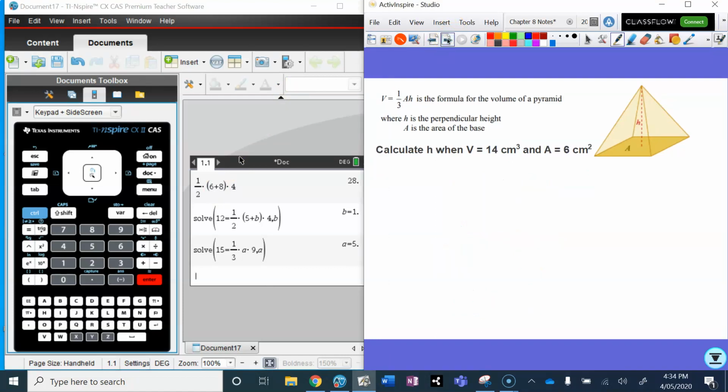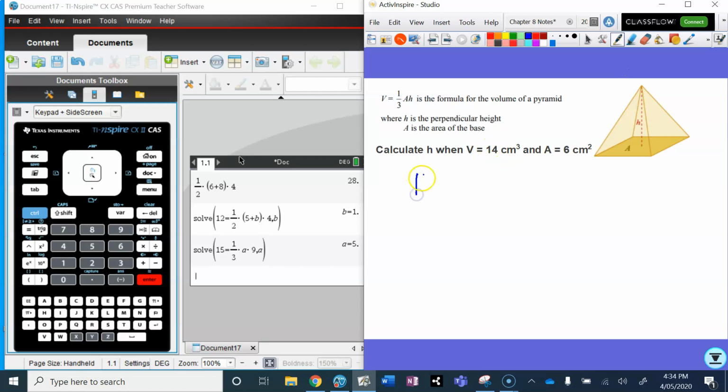Keep going, one more just to do a little bit more practice of the same thing. This time I'm being asked to calculate H, or the height of this pyramid, if I knew the area of the base and the volume of the pyramid. So again, I don't know the subject of this formula. So I know V is 14.